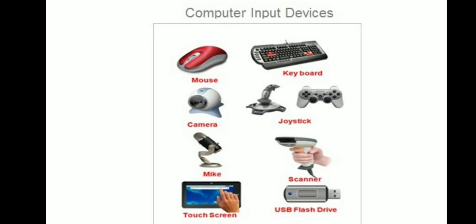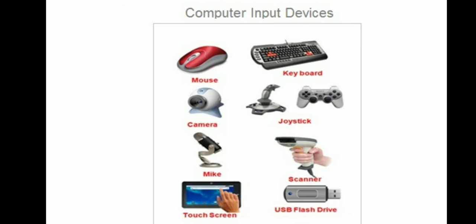Other than mouse and keyboard, we have devices like camera to take photographs, joystick to control the mouse pointer, and this joystick is majorly used during playing games. Mic, you are giving your voice input to your computer. Scanner is to scan the text information present in the document.